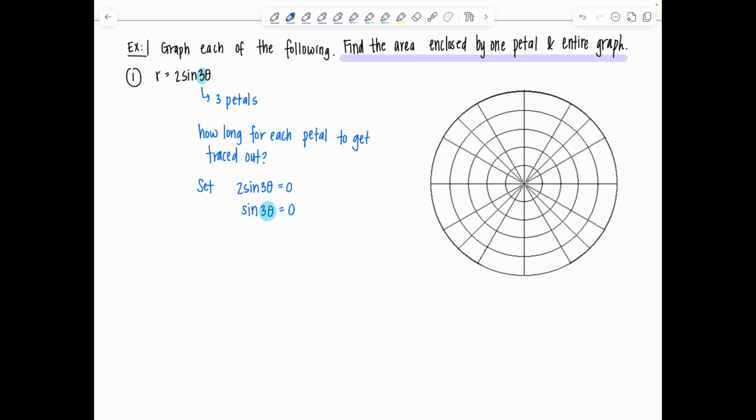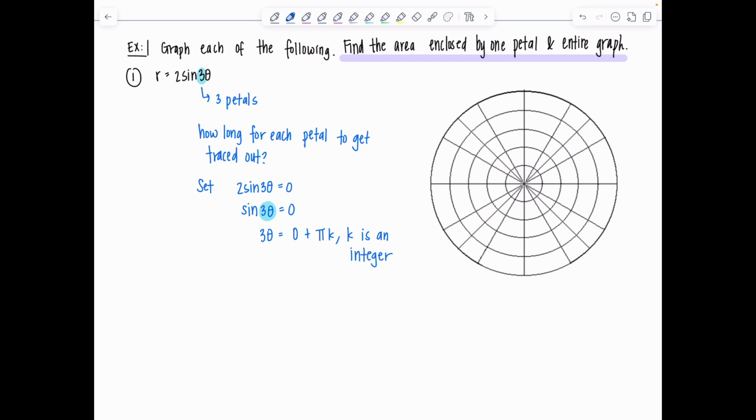Leave the 3 in front of the theta, and you ask yourself, when is sine equal to 0? Sine is 0 at 0, pi, 2 pi, 3 pi, etc. So sine is 0 at 0 plus pi times k, where k is an integer. Hopefully you've seen this notation before.